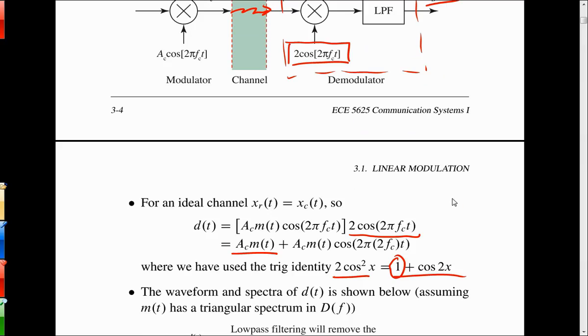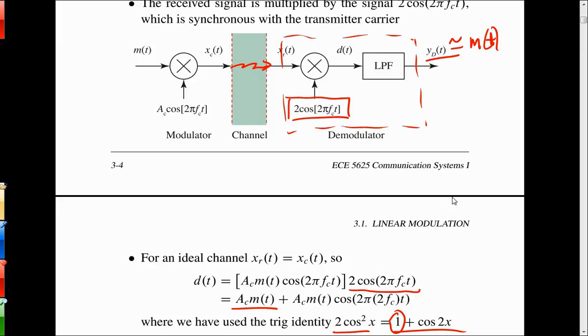A coherent demodulator means that the local reference, and this is the local reference, the frequency and the phase of this reference is perfectly tracking the frequency and the phase of the input reference carrier. Not the message itself, but just the carrier.